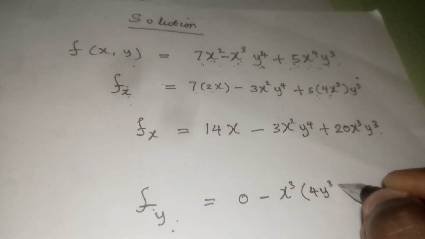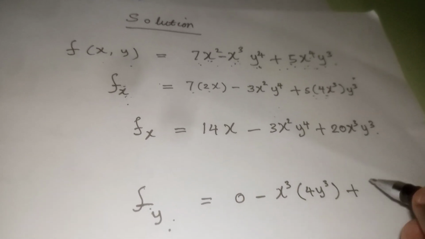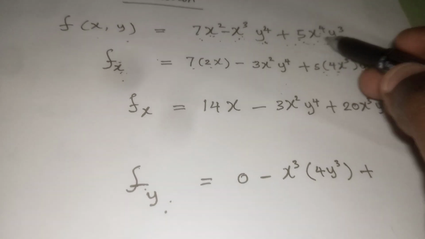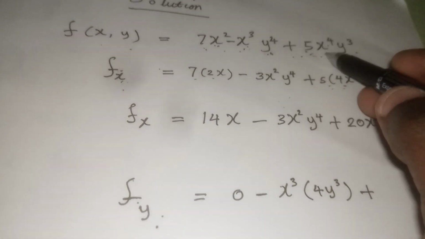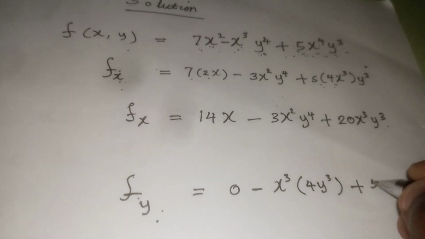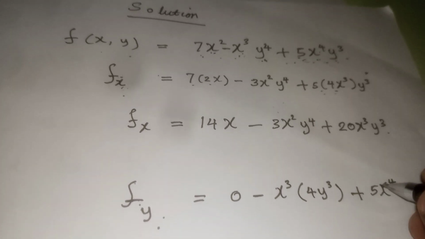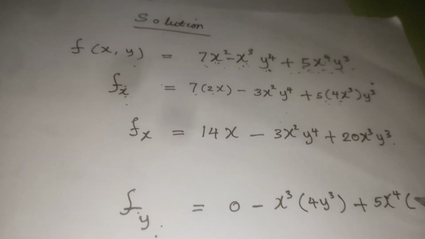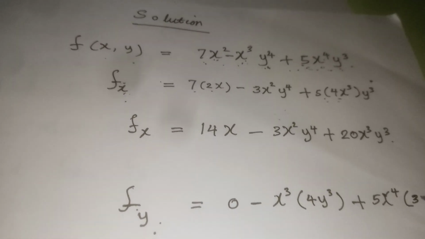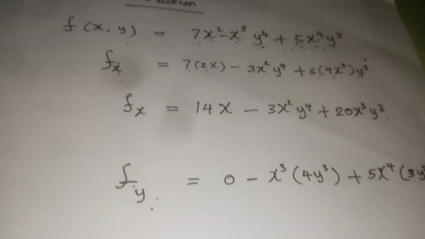If we differentiate y to the power 4, we get 4y cubed. Then plus, here we differentiate only y because 5 and x are constant. We get 5x power 4, and if we differentiate y cubed, we get 3y squared.